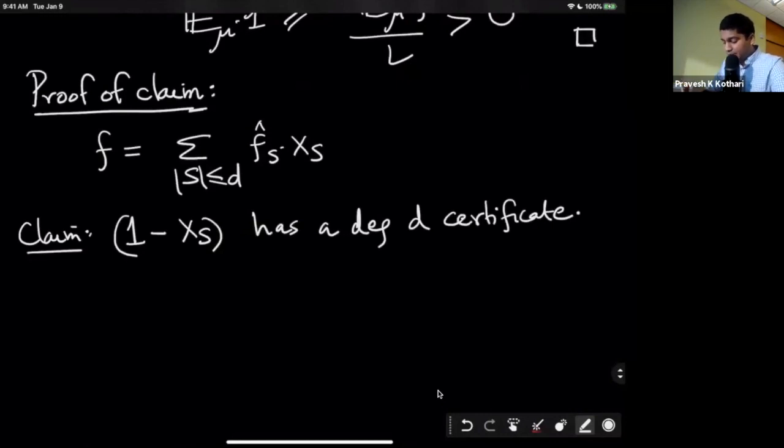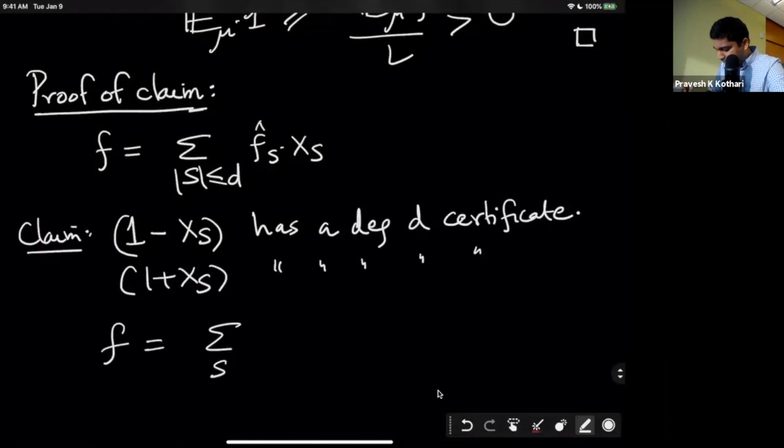Why are we done? Because 1 minus x_S, and also 1 plus x_S. The claim I'm making is that if you shift any monomial by 1, then it always has a degree D certificate, and I'm going to claim that we are done using this. So what am I going to do? I'm just going to take f and write it as the sum of the sign of f hat S times x_S.